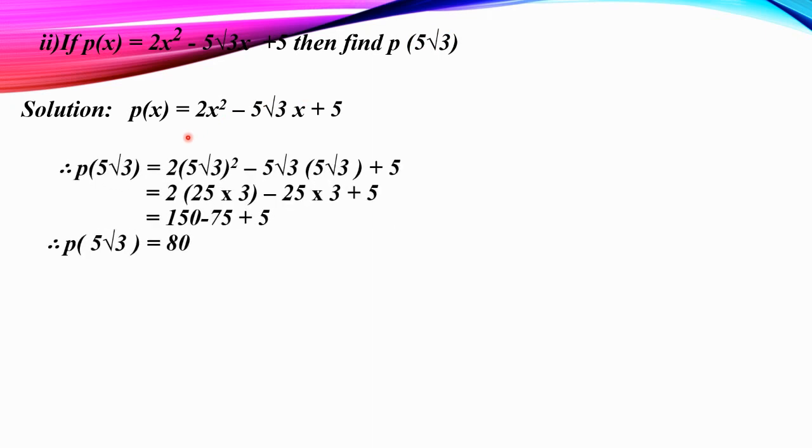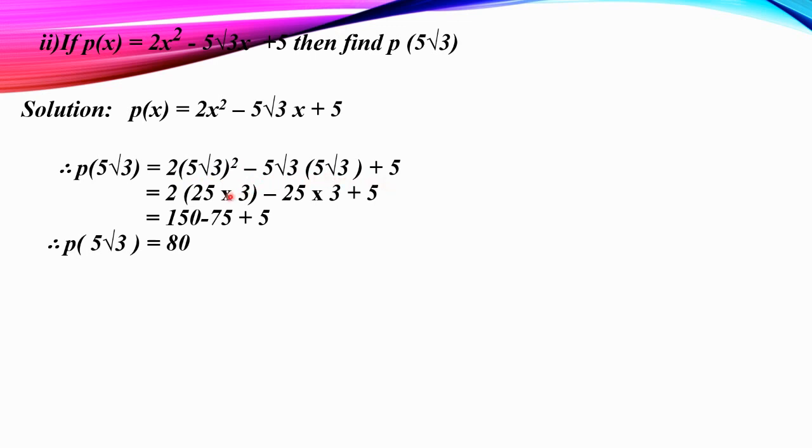Second question, p(x) is equal to 2x square minus 5 root 3 x plus 5. Then find p(5 root 3). So here we have to substitute the value of x as 5 root 3 in the given polynomial. We get p(5 root 3) is equal to 2 multiplied by (5 root 3) raised to power 2 minus 5 root 3 into 5 root 3 plus 5.